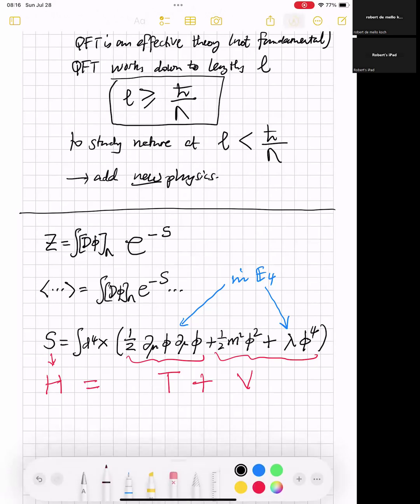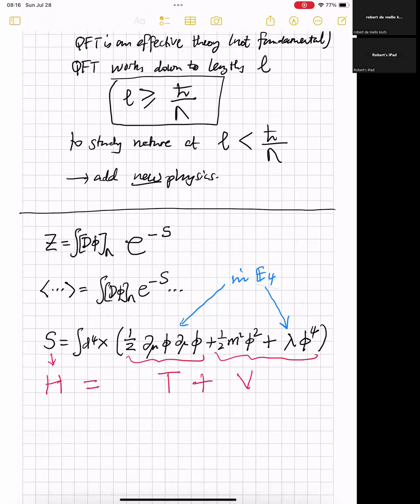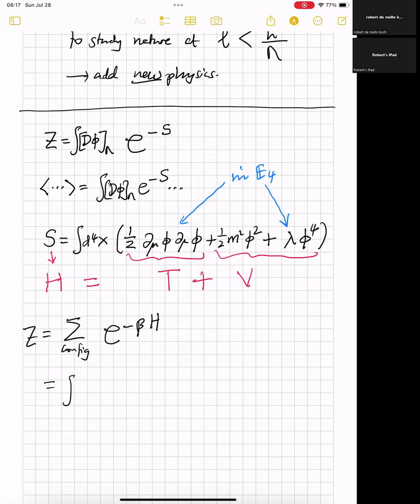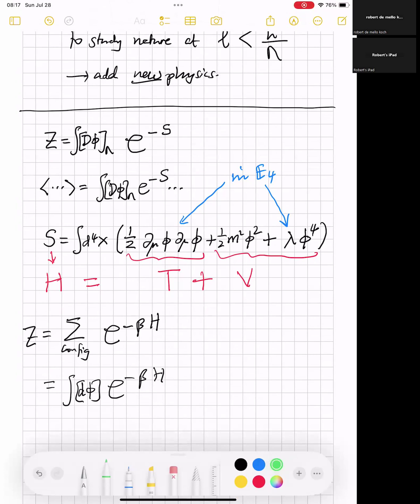It's measuring an energy. And now, if you wanted to do statistical mechanics, what would you do? Well, you do a sum over all configurations. You take an e to the minus beta times the Hamiltonian, the energy, and this is what you would call your partition function. If you were dealing with fields, the sum over configurations would become a path integral over the fields, and you would have e to the minus beta H. Well, this formula over here is now looking identical to this formula over here.